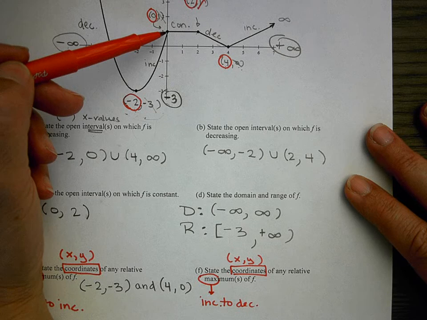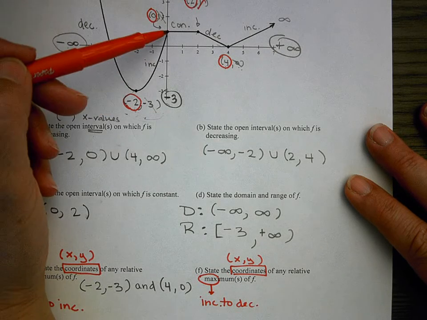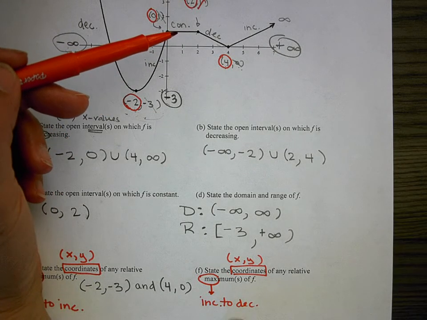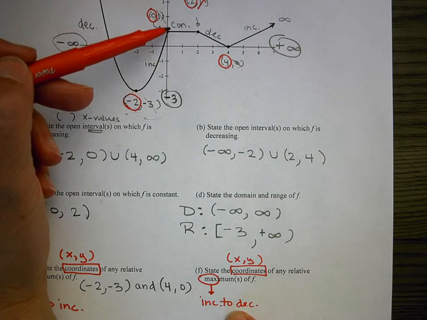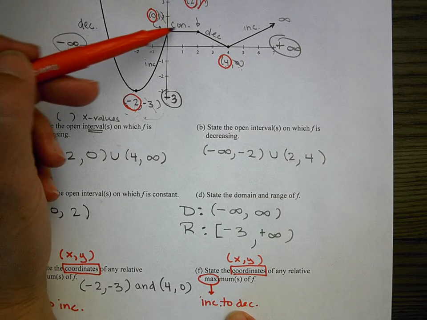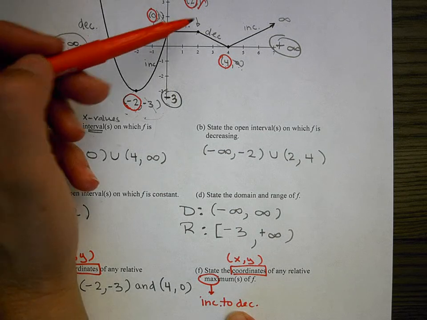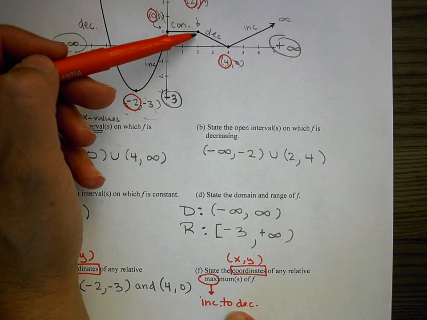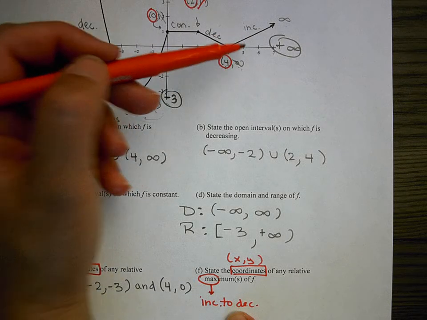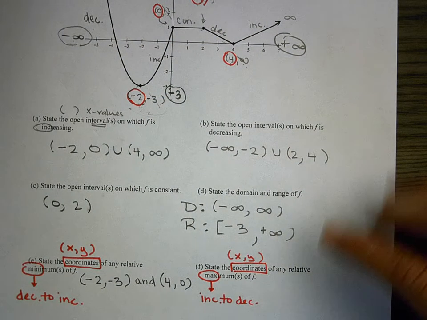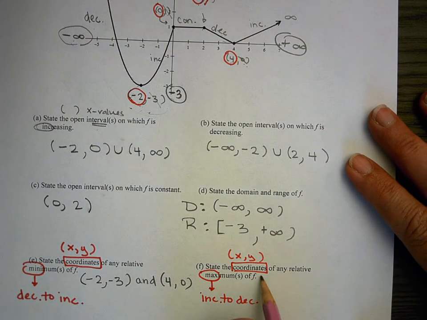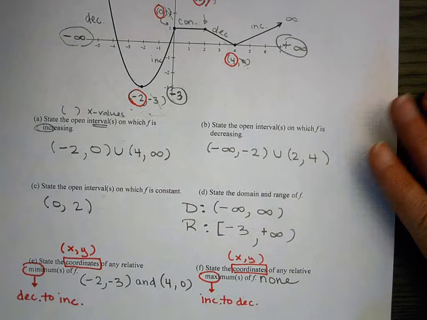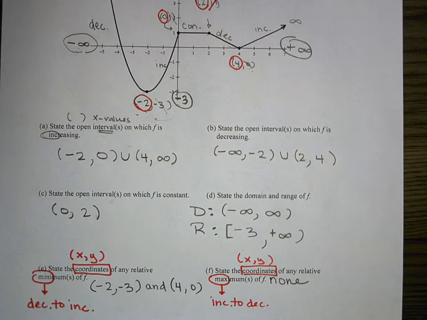And then here I'm going increasing to constant. That doesn't count. It's got to go straight away at one ordered pair, increasing to decreasing. So that's nothing. Constant to decreasing is nothing. And then decreasing to increasing is that minimum. So in this problem, there are no relative maximums, okay? And that's it for Objective 1, Unit 2.